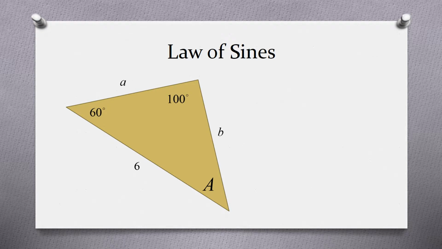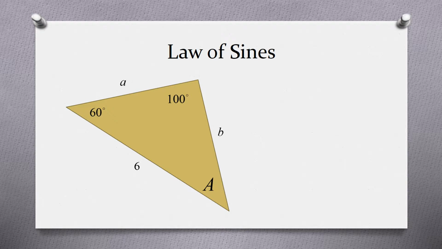We have a triangle. So of course there are three sides and three angles. And so I can see that angle A is unknown, but apparently angle B and angle C are known values, 60 degrees and 100 degrees respectively. And then we also have side A is unknown.